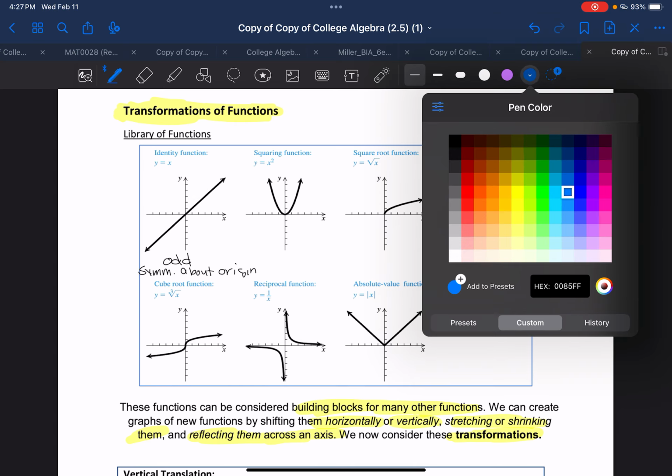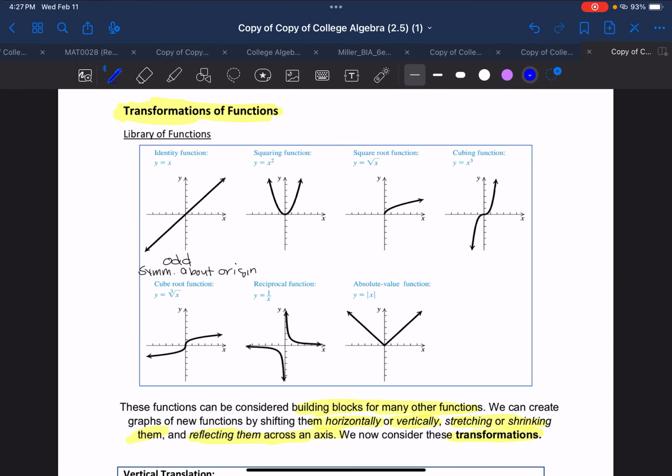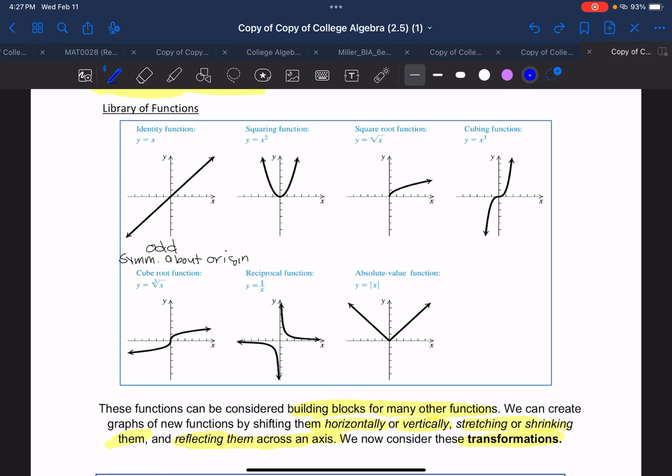Because it's definitely not symmetric about the x-axis, because it would have to be a mirror image over the x like that. Or if it was the y-axis, it'd be a mirror image like that. But it's not. It's going through the origin. And if I pick a point here and I reflect it over the origin, it will end up over here. So that is symmetric about the origin, so it's odd.